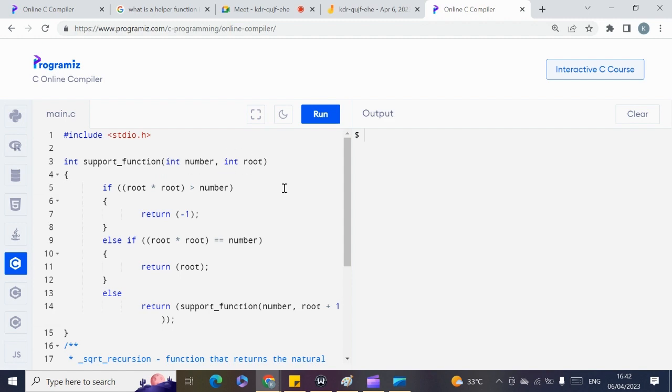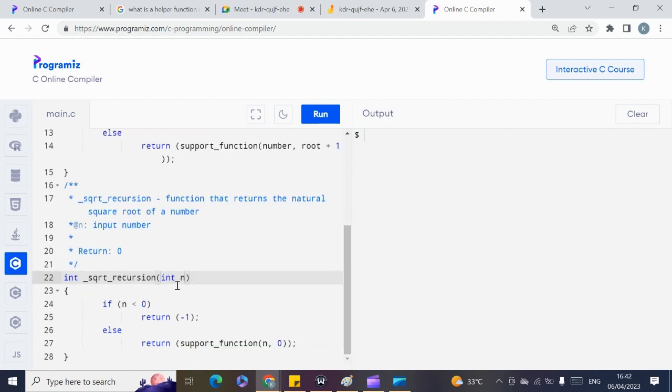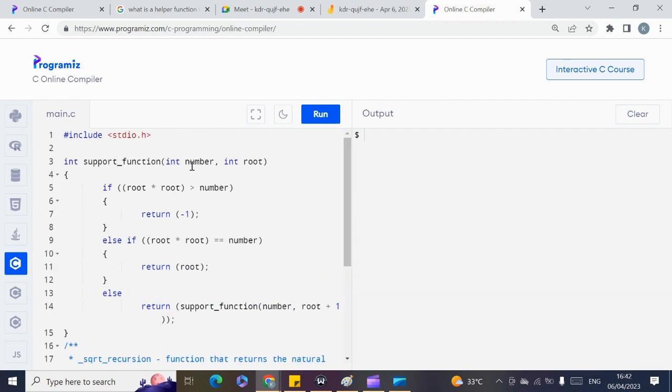Why two arguments? Because one will take the incoming n, which is the number, and the other one will take care of the number that will multiply itself.